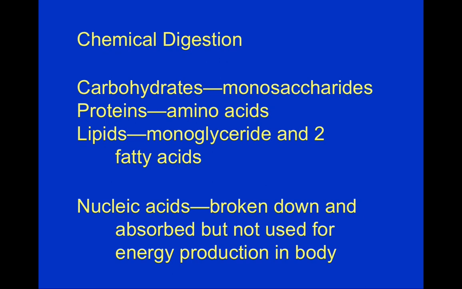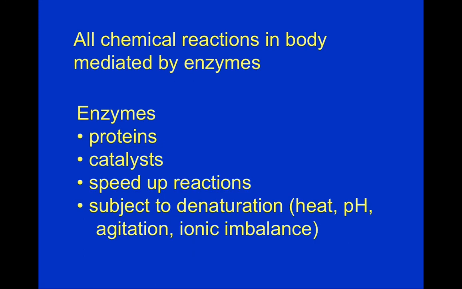So in order for chemical digestion to take place, we must have individual specific enzymes that can act on each of these macromolecules. Every single one of these macronutrients will be broken down by their own individual enzymes. We must remember a couple of the characteristics about enzymes that we've learned through anatomy and physiology thus far. Enzymes themselves are proteins that act on a particular substrate and speed up a chemical reaction.